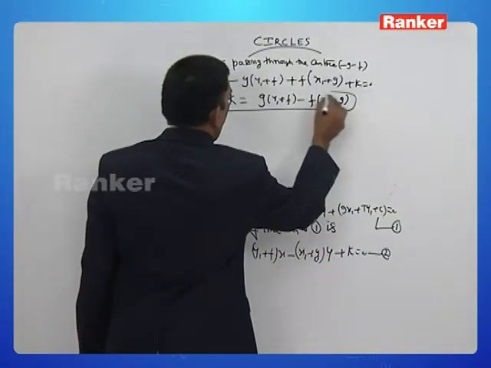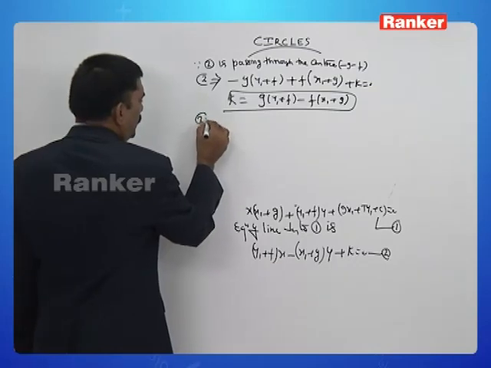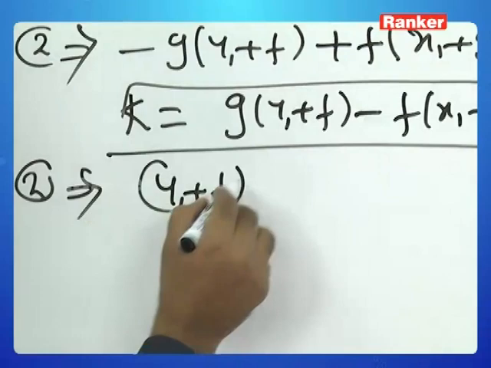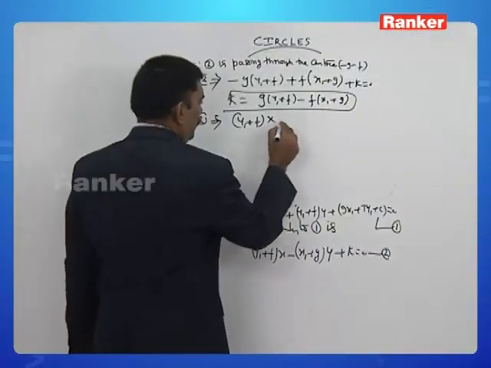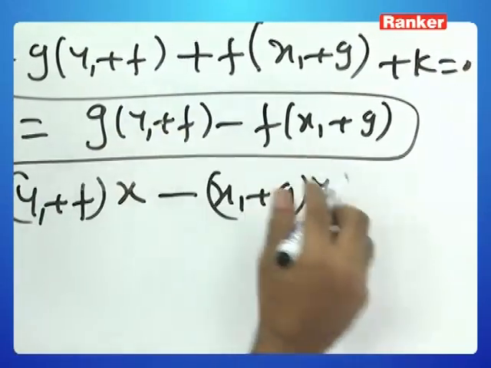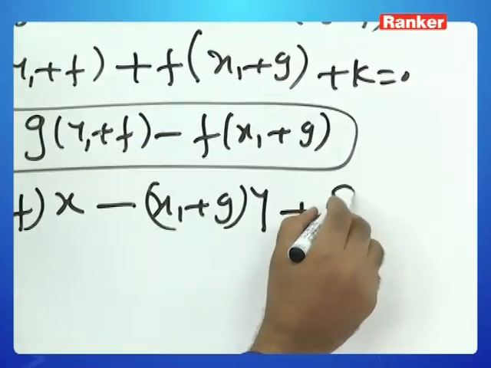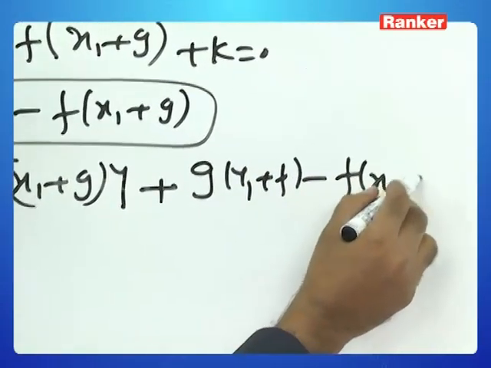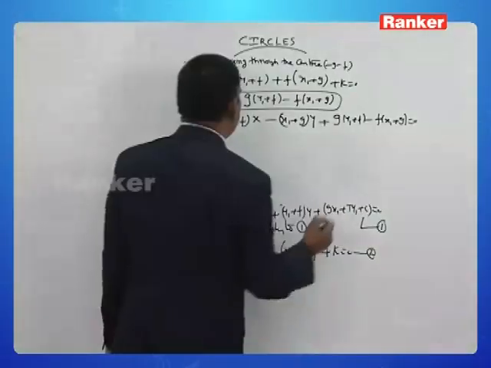So now 2 implies y1 plus f into x, now minus x1 plus g into y. You substitute this, it becomes g into y1 plus f minus f into x1 plus g is equal to 0.